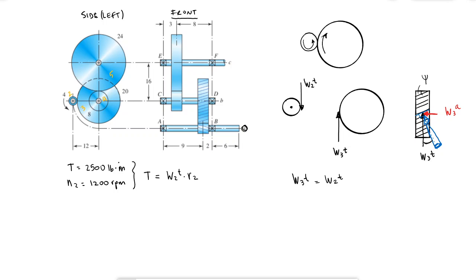So this radius times this vector will give me a torque. W2T is the torque over radius 2, which would be 2500 over the radius. If the diameter is 4, the radius is 2.